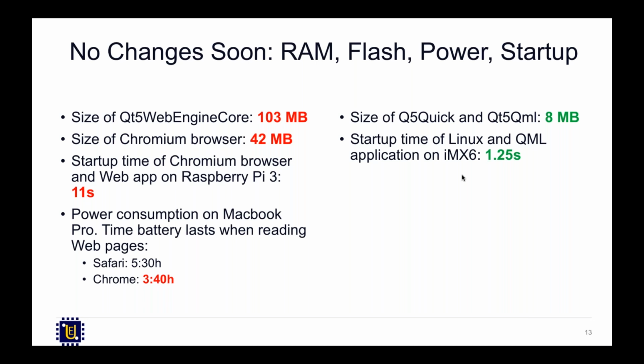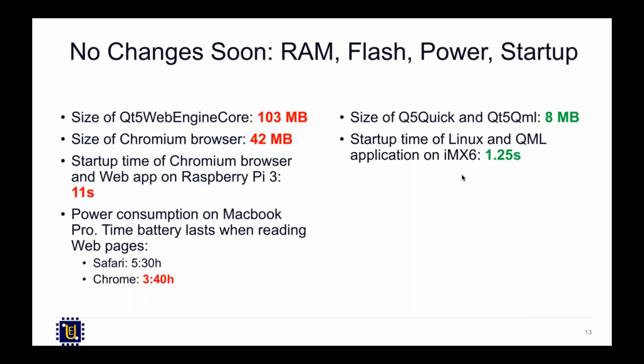But that's just the Chromium browser. That is not even the application yet. It's just the vehicle in which you run your web application, and that's still 5 times bigger than the QML engine. So you're looking at 5 to 10 times bigger.